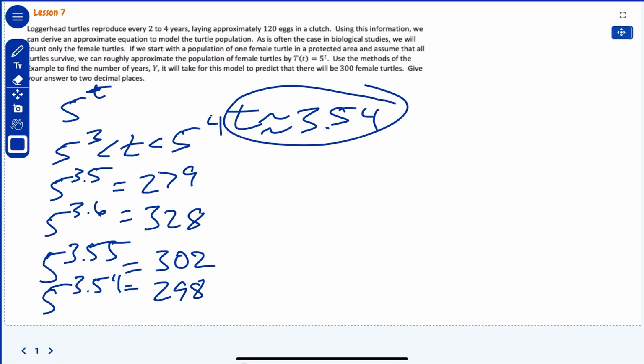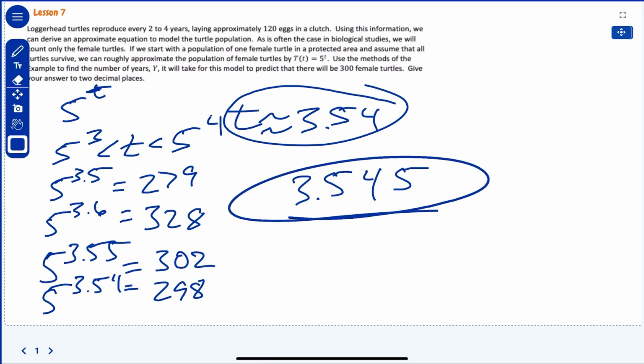We could keep going and say 3.54. Let's just plug in 5 again just to see what that gives us. That's 300 on the dot. 300.5. So it's a little bit above. Let's see what 5 to the 3.544 says.